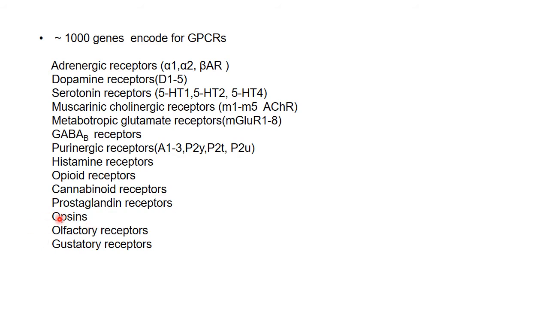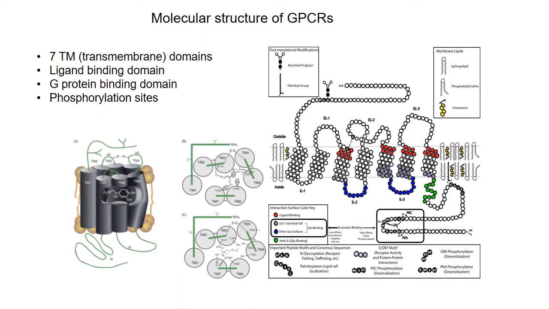So your opsins, so signaling from the vision, is through G protein coupled receptors. Your olfactory receptors are G protein coupled receptors, as well as your gustatory receptors. So pretty much they're there to help you see, smell, and taste, in addition to feeling satisfied by all of those three things. So what's their molecular structure?